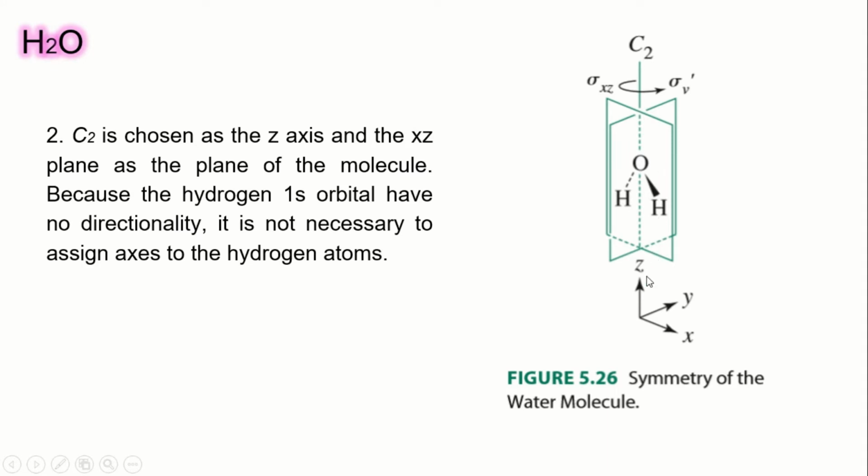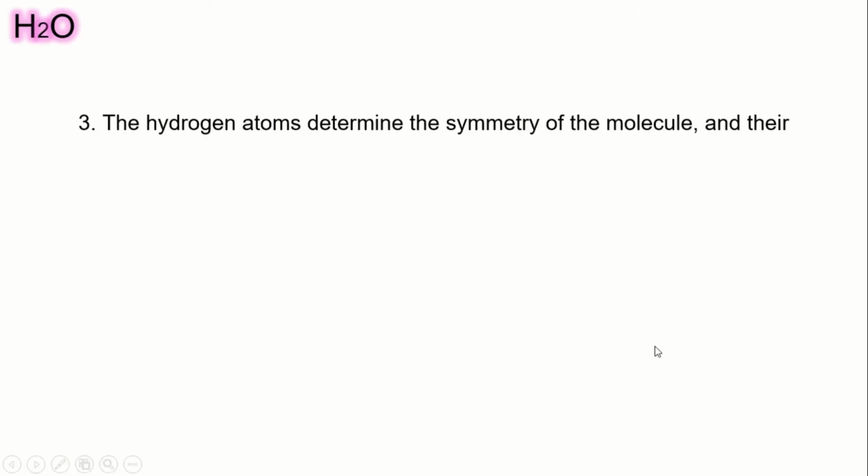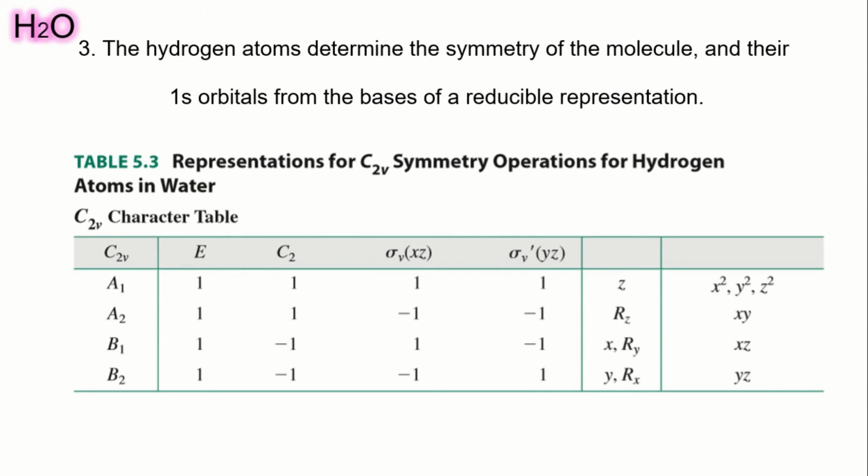It's also important to note that because hydrogen 1s orbitals have no directionality, it is not necessary for us to assign axes to the hydrogen atoms. And for the next step, we will be looking at this character table. So the hydrogen atoms determine the symmetry of the molecule, and their 1s orbitals form the basis of a reducible representation.